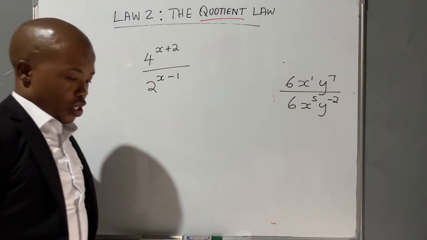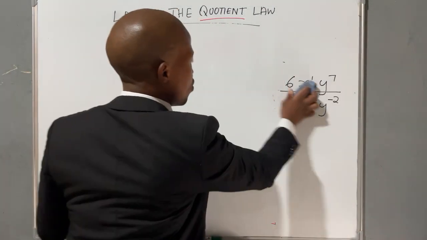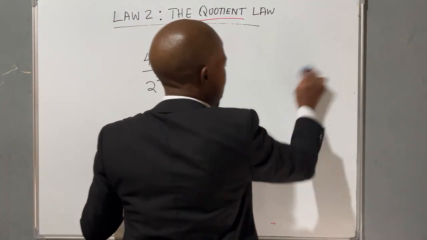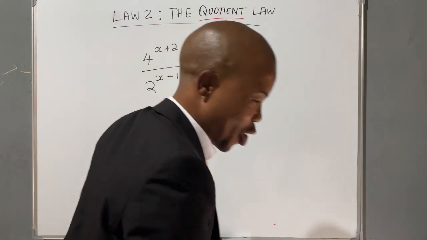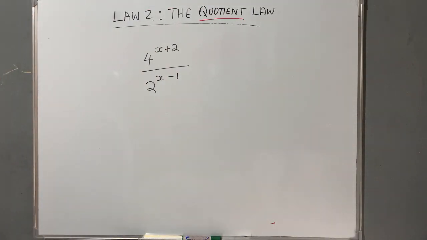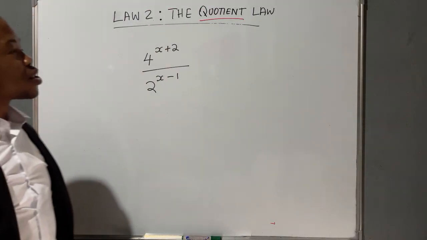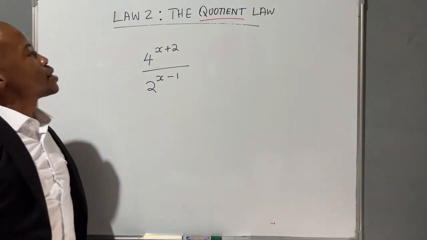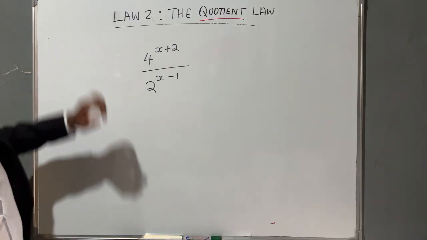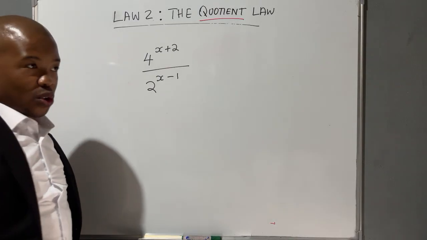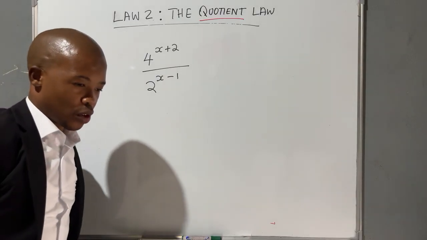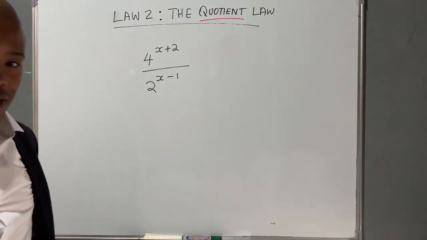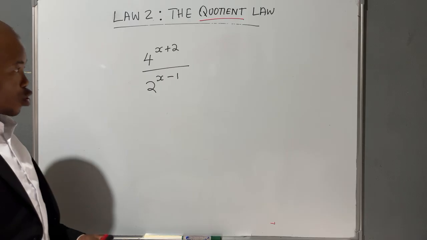You can see this question and maybe think, what is this? But if you look at this question, it's still about law 2, right? You just have to understand why I'm saying it's about law 2.